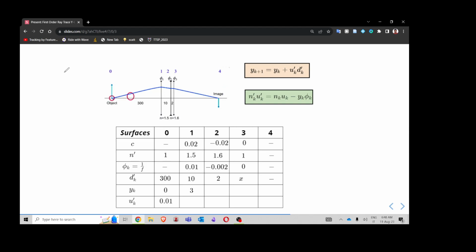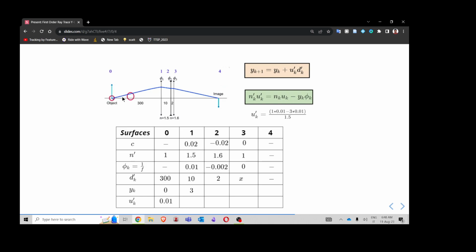Now if you substitute all the values for the first surface, the incident refractive index is 1 and the incident angle is 0.01.